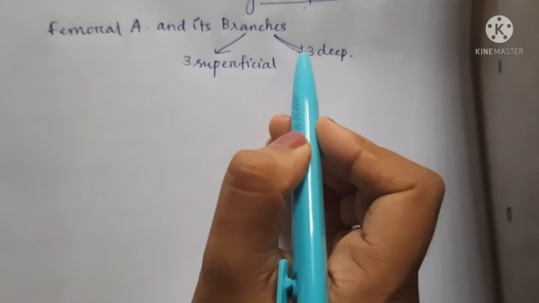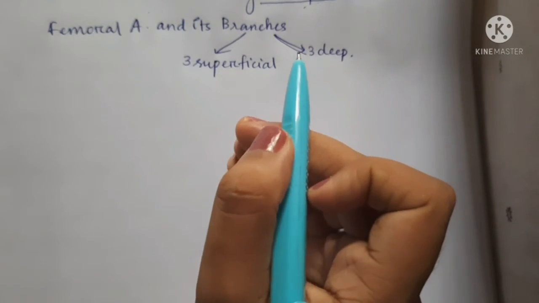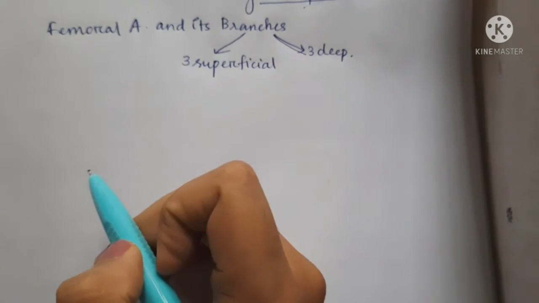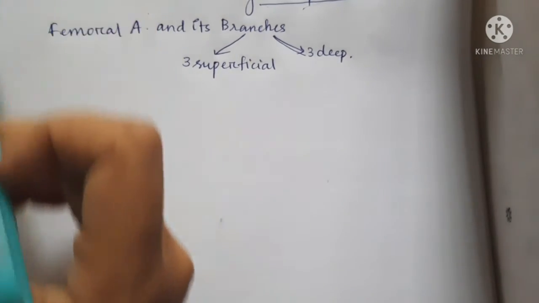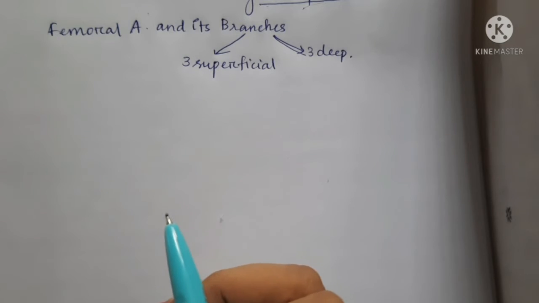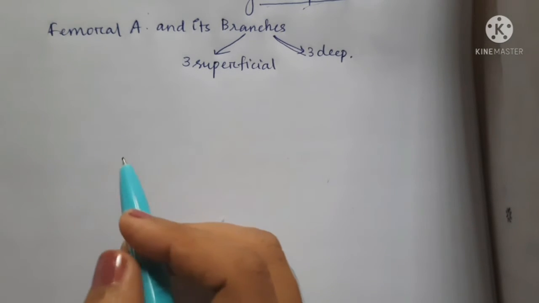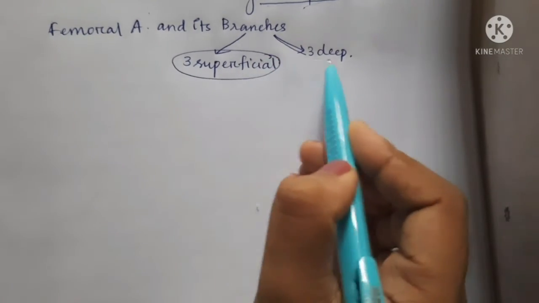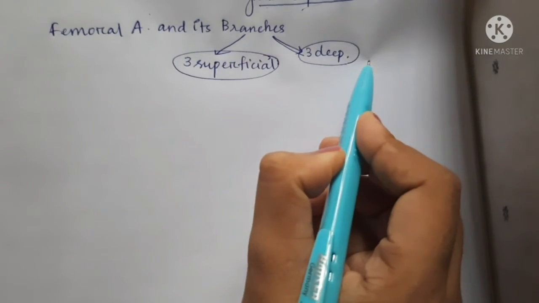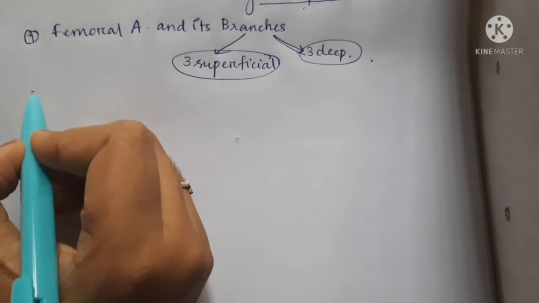And we all know that the femoral artery traverses the femoral triangle from its base, the mid-inguinal point, to the apex. And in the triangle it gives 6 branches, that is 3 superficial and 3 deep branches.